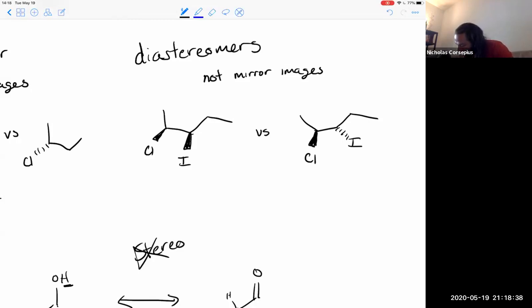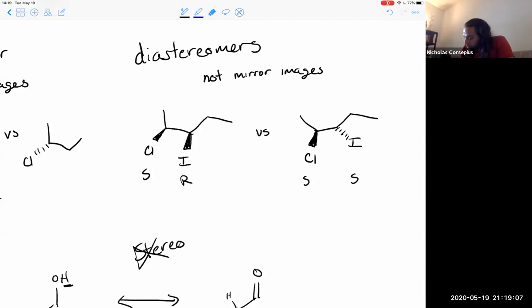So for example, this one here is, no, I lied. This is S, this is R, this is S, this is S. So these would be considered diastereomers.